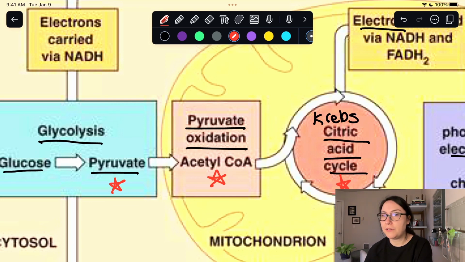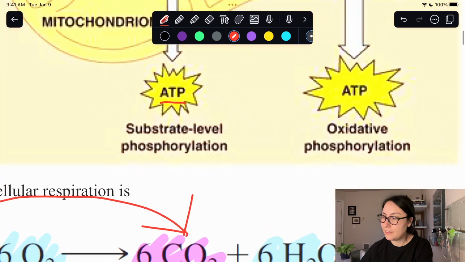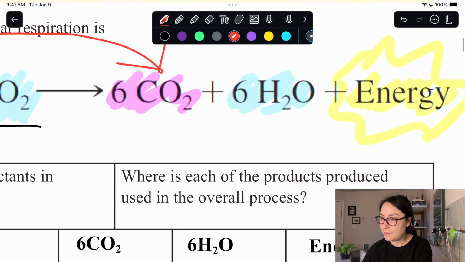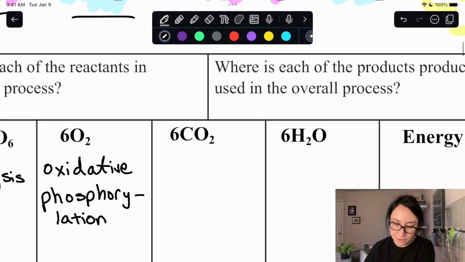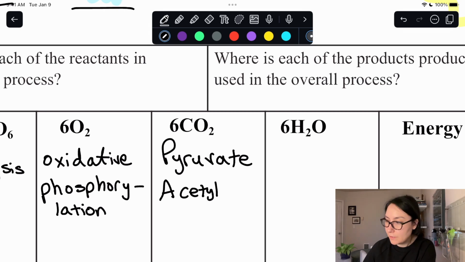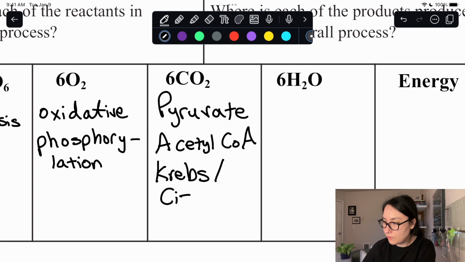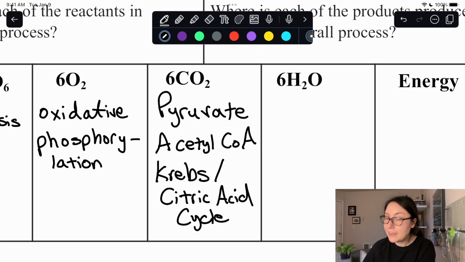And in that process of CO2 creation, it's making lots and lots of ATP, that last portion right here of energy. So for the 6CO2, you're going to write down your pyruvate. You're going to say acetyl-CoA. And the last one is going to be the Krebs/citric acid cycle. Again, Krebs and citric acid cycle is the same thing.